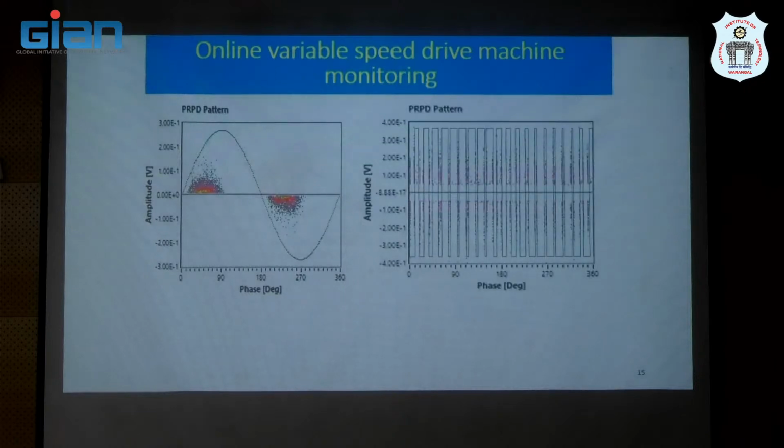If it is not withstood, you can see that some discharges will be happening. Even in the switching aspect, some discharges will be there.